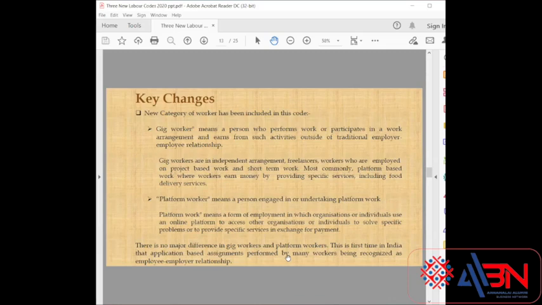So platform worker is a person engaged in or undertaking platform work. Platform work means a form of employment in which organizations or individuals use an online platform to access other organizations or individuals to solve specific problems or to provide specific services in exchange for payment. Basically, they have also been included as employees, and their wages and social security will also be regulated under this code.